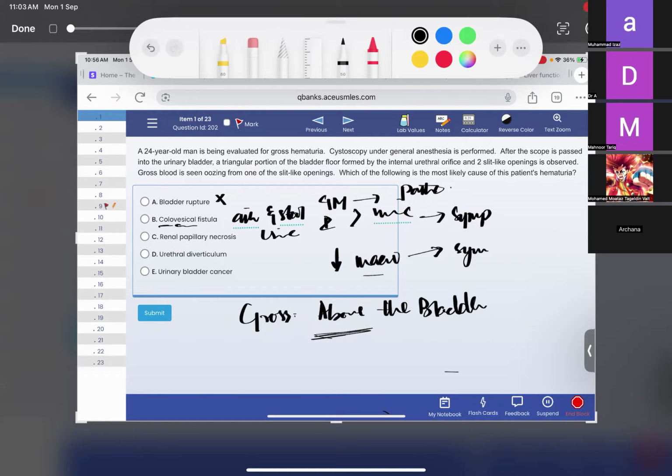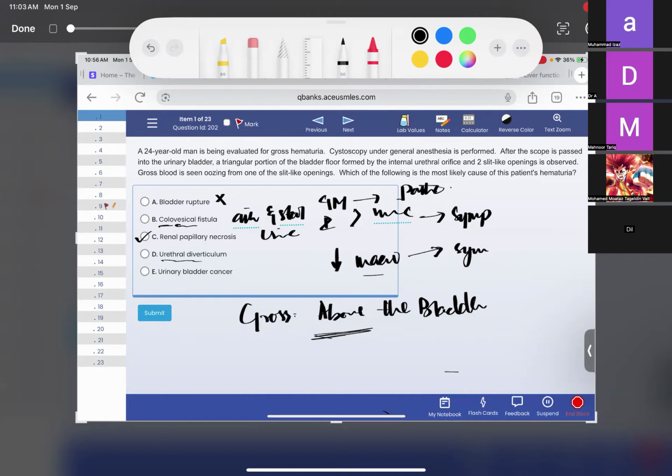So there's a connection between the bladder and the colon. We will discuss fistulas in great detail in the gastro section. This is the correct option, but let's discuss the others.